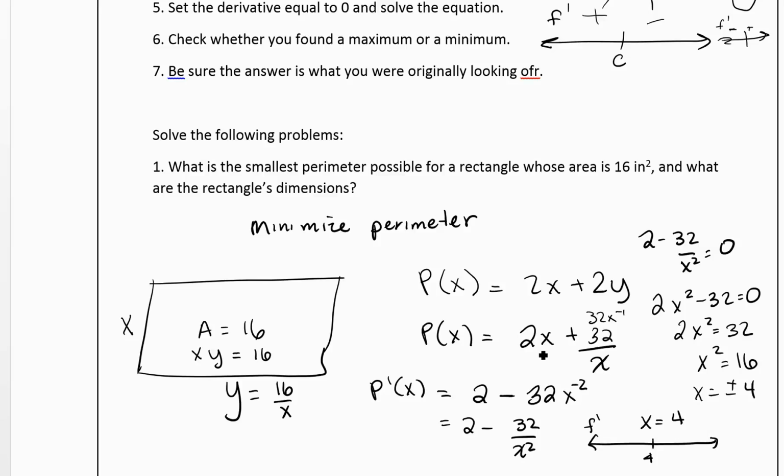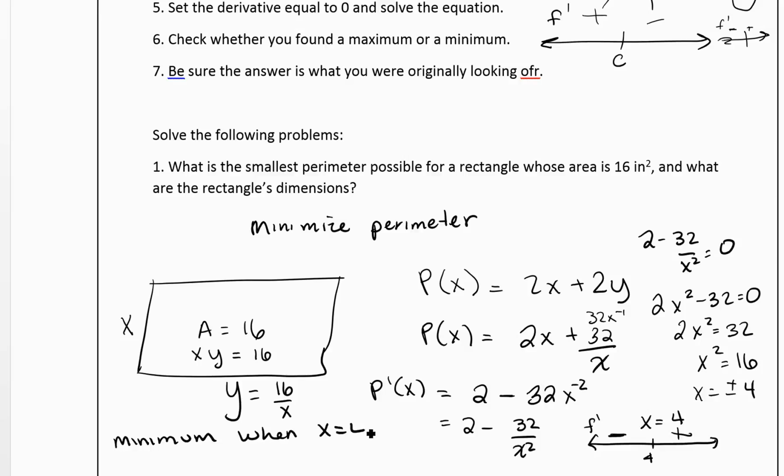Oh, sorry, we want to plug it into our derivative. 2 minus 32 would be negative. Okay, and we plug in something like 5, we'd have 2 minus 32 over 25, which is positive. So we do have a minimum here. So minimum when x equals 4.